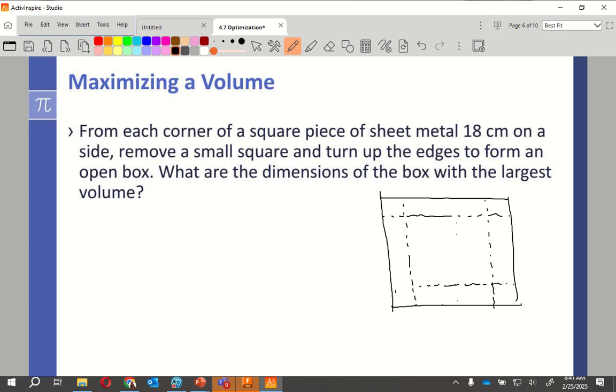If this is a square, the bottom would be x, going up and down would be my y, and now the little piece that I'm cutting off, if it's going to be a square, I'm going to call this one z, and you'll see why here in a moment.